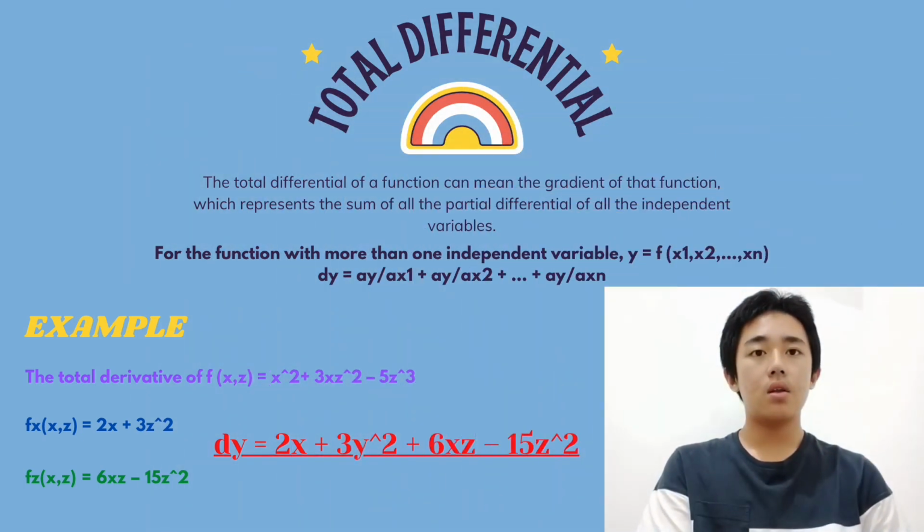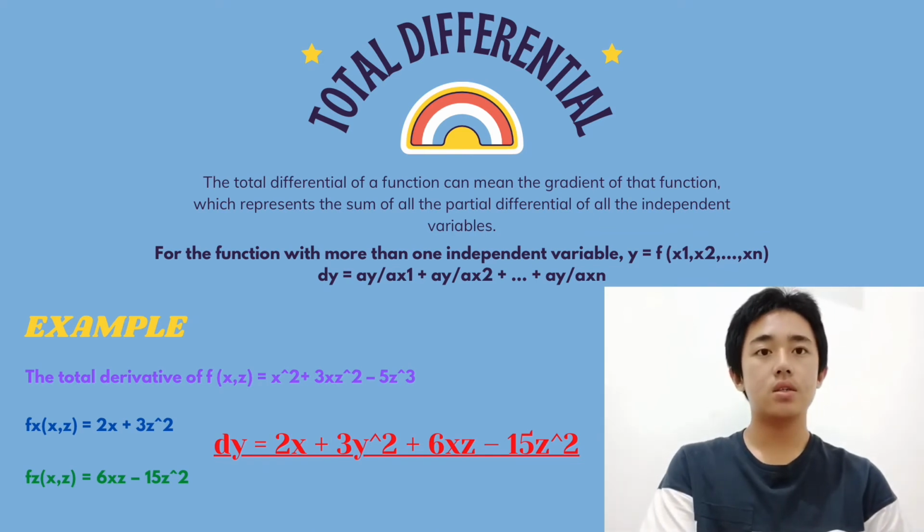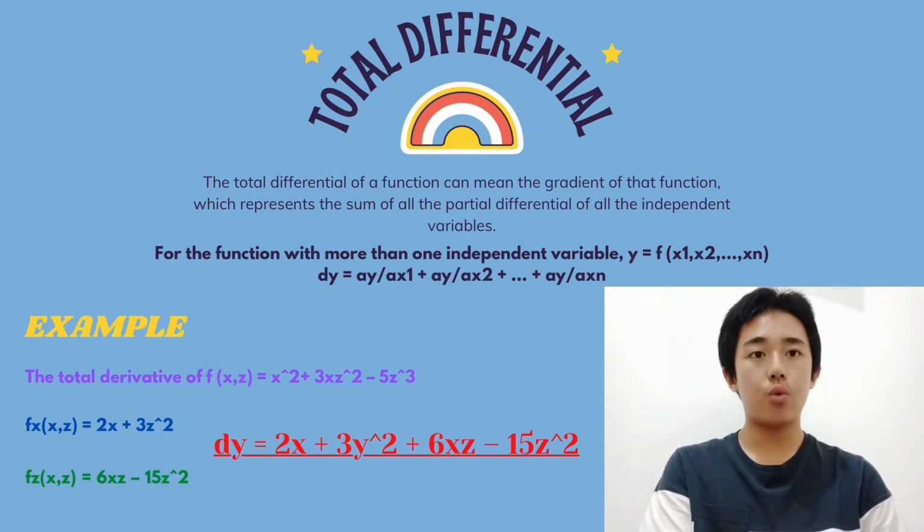Okay, total differential. So for the examples, we have to find the total derivative of f(x, z) equals x squared plus 3xz squared minus 5z cubed.